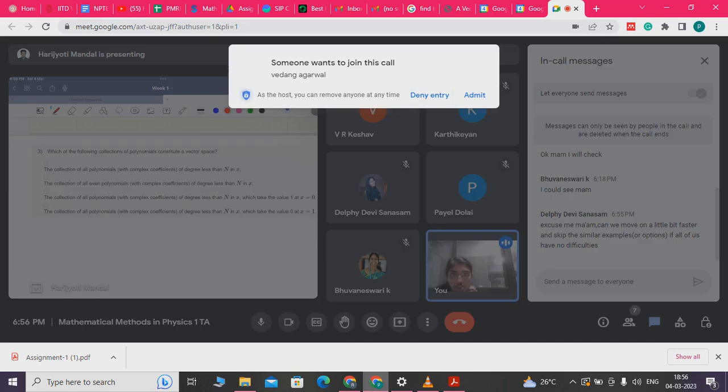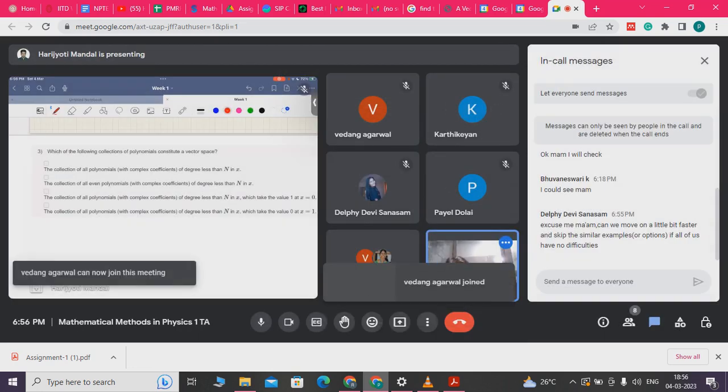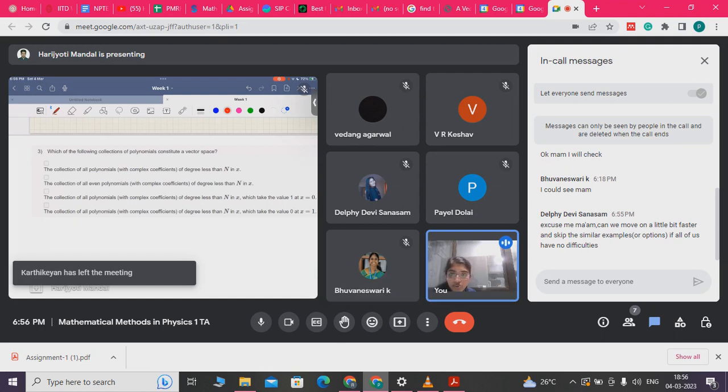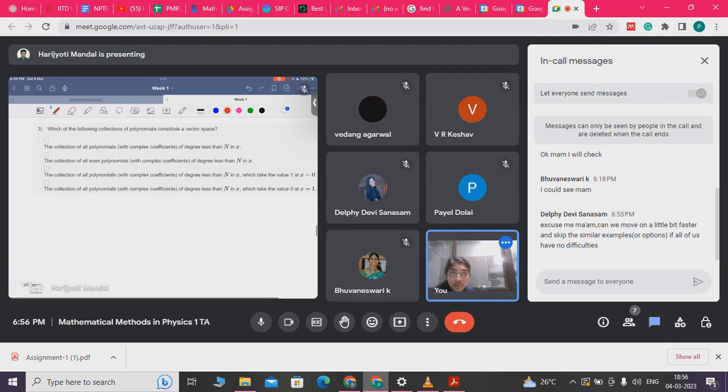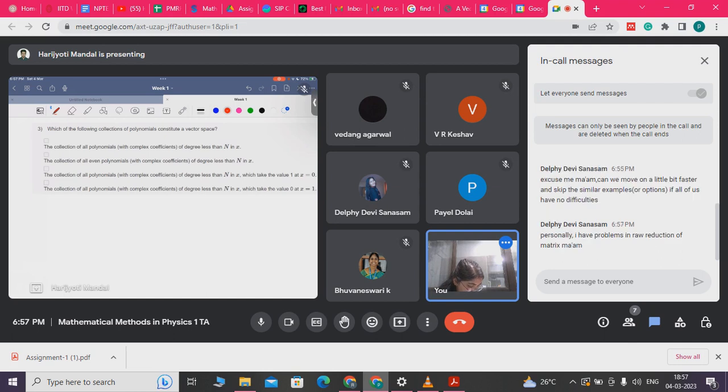Yeah, we can skip the similar examples. You tell me which question you want me to explain. If anyone doesn't have any problem, then in the same question I can explain the first statement, whether it is true or false, or how we can explain that, then I can skip whatever you say, because I need some time to write, so that time needs to be spared, but we can skip some things.